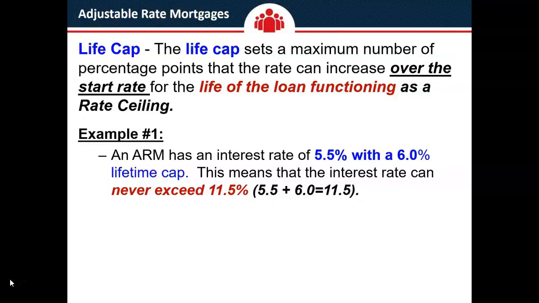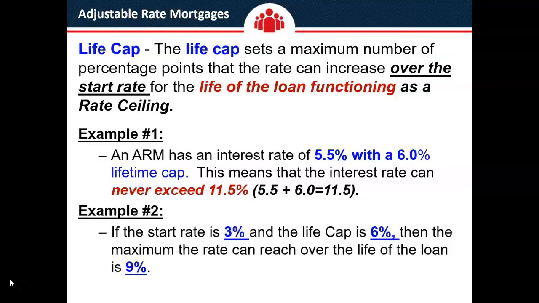That means that the highest that your rate can be on this adjustable rate mortgage is 11.5%. Starting at 5.5, it may adjust every year, every 2 years, every 5 years, however it's set up, but once it adjusts another 6 points from where it started, it's capped out. The most it can be is at 11.5%.